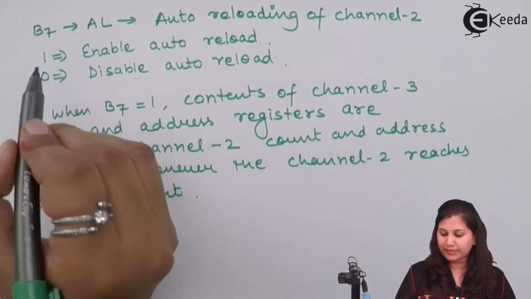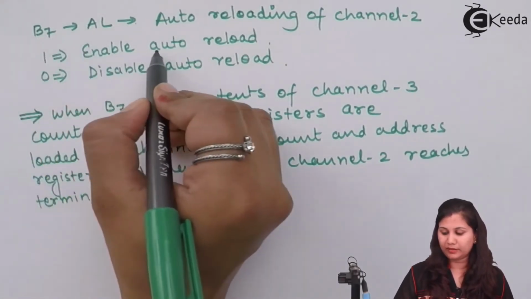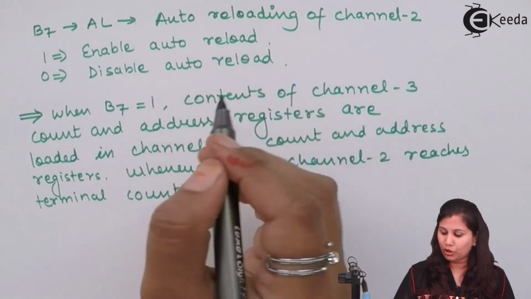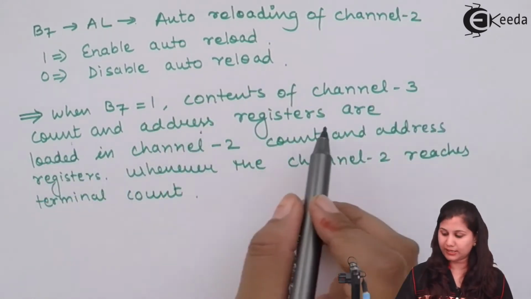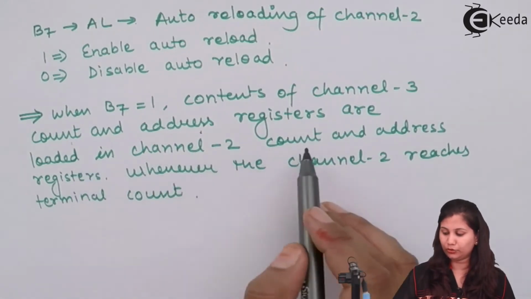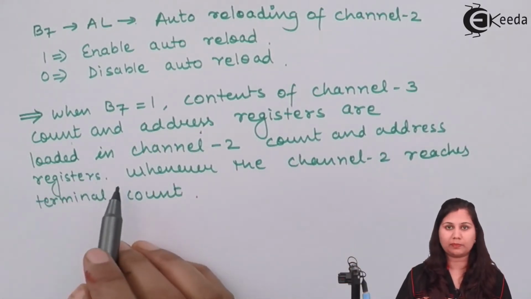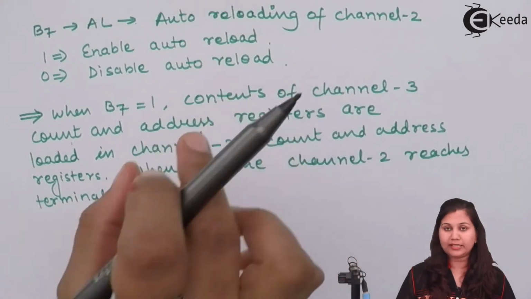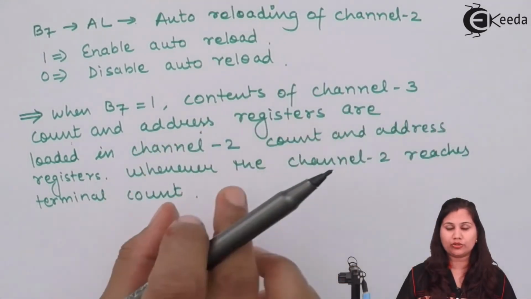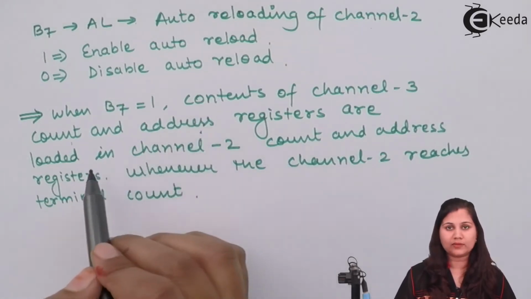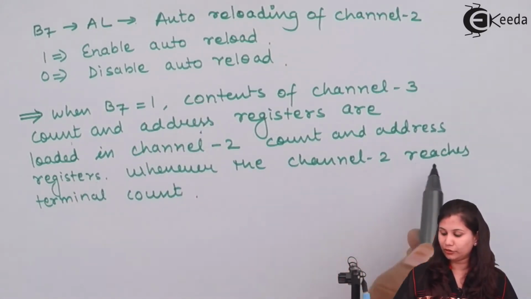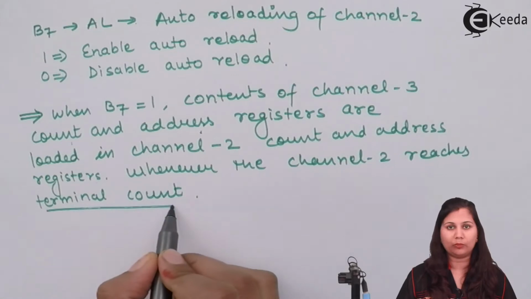So when bit 7 is 1, it means enable the auto reload. The contents of the channel 3 count and address registers are loaded in the channel 2 count and address registers respectively. The contents are copied from channel 3 to channel 2, and this copy takes place whenever channel 2 reaches the terminal count.